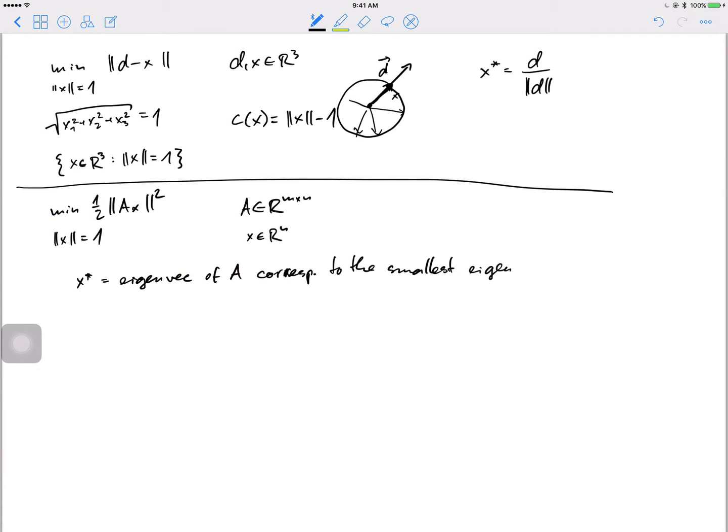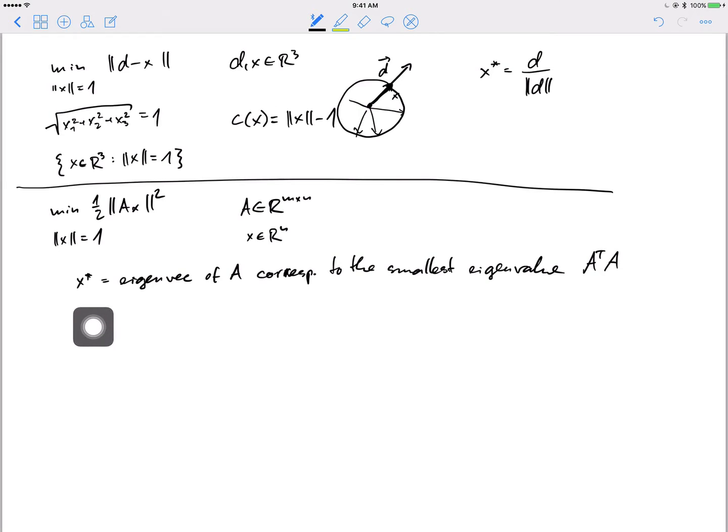Of what? There's a little detail there. Of A transpose A, because this matrix is not even square. A transpose A is always square and symmetric, therefore it has a full set of real eigenvalues. I can certainly find the smallest one, and I can find the corresponding eigenvector in polynomial time, n cubed, or n squared m or something like this. It is definitely polynomial time, and that's the solution.